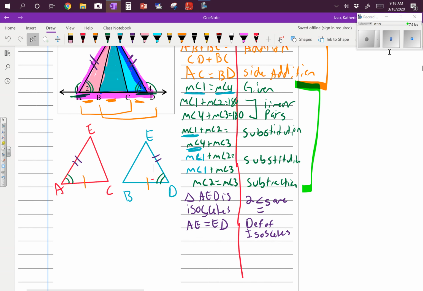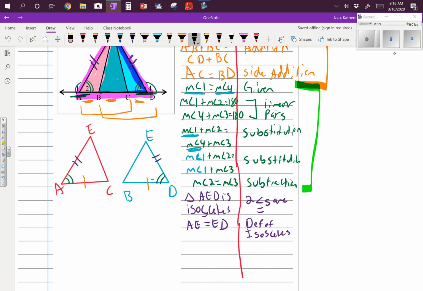Now can we prove it? Do we have enough to prove it? It looks a lot like ASS, and ASS is very illegal. Is it ASS? No, it's not. Why? Because the angle's trapped. Good job, Squirrel.